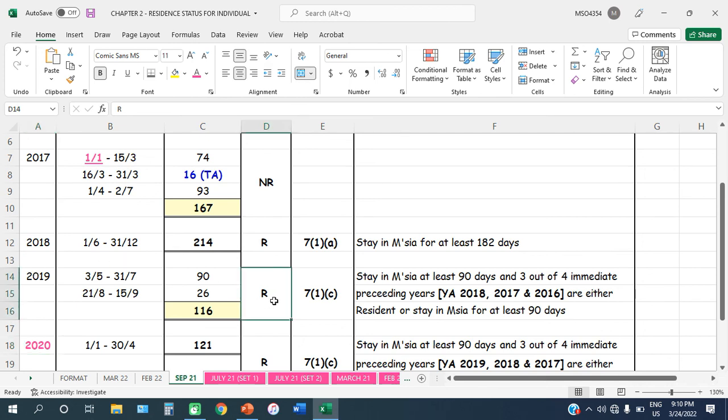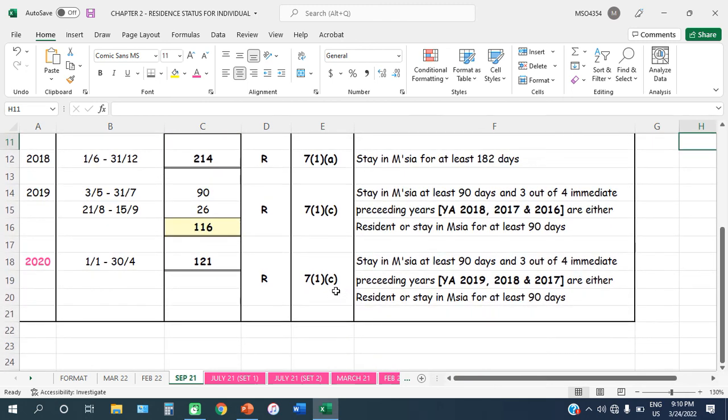Yes, we got one. 2018 resident. Yes, we got two. Okay, I need one more. 2017 non-resident, but number of days is more than 90 days. Okay, we got three. That's why 2020, everyone, our status is resident under section 7, subsection 1C.